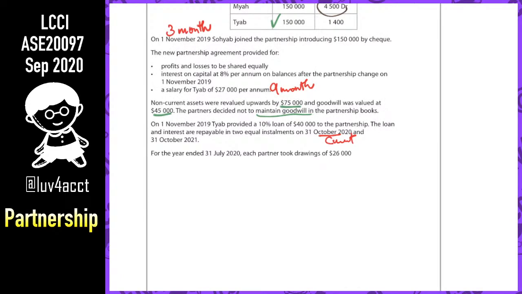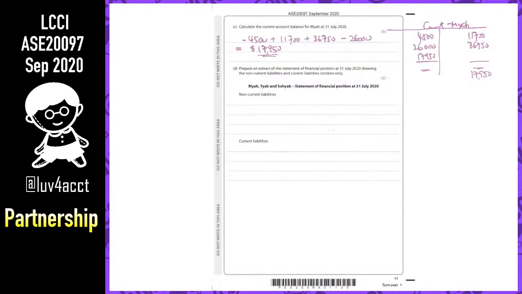Partner T. Okay, he provided a loan of 10% interest, 40,000, and then repayable by 2 installments. And for the current part, I mean for the first installment, it will be in the current liability because it will be repaid within 1 year.